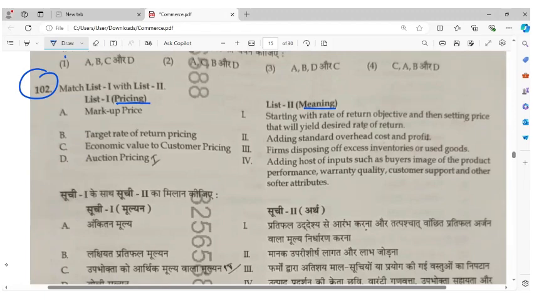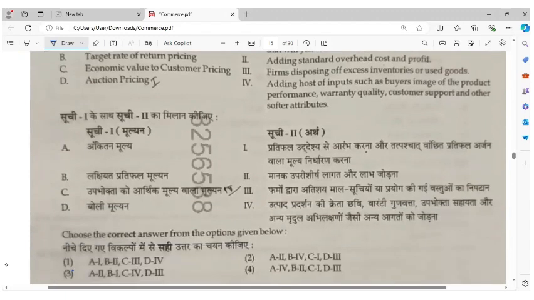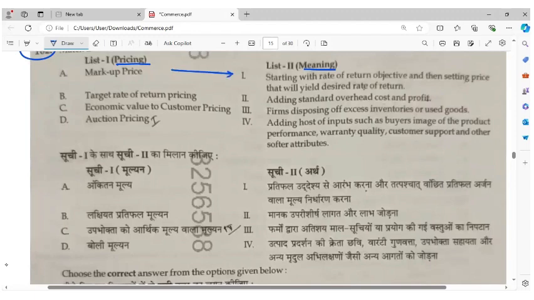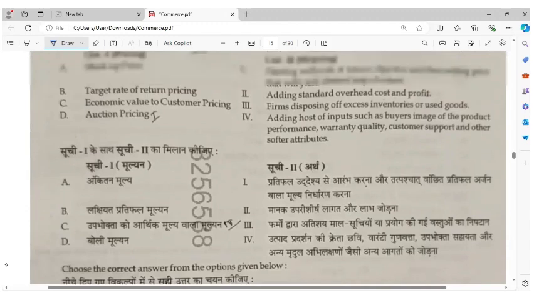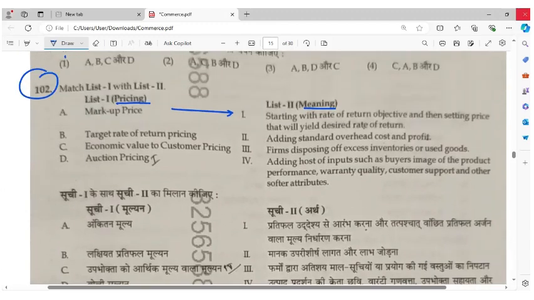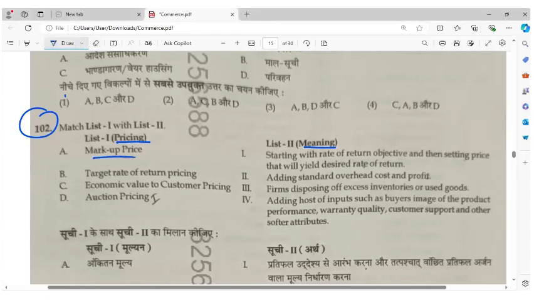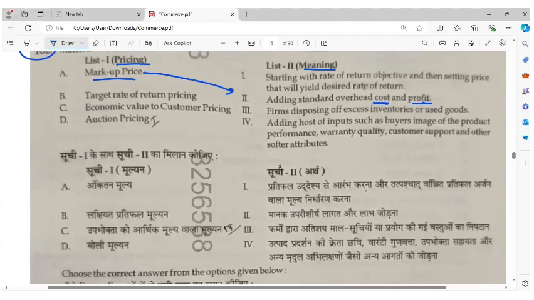Markup pricing is related to cost plus profit, so A is related to 2. Then the next one, target rate of return pricing, is related to starting with the rate of return objective, and then setting the price that will yield the desired rate of return.